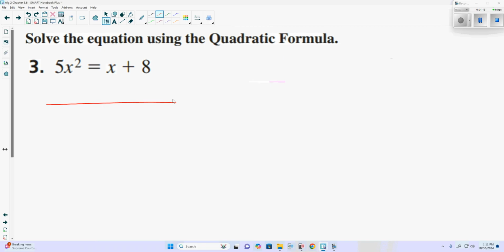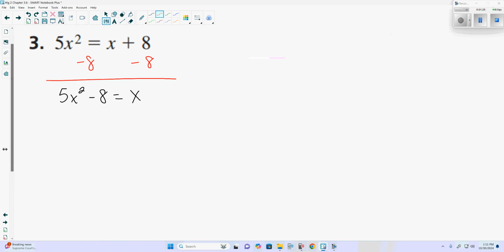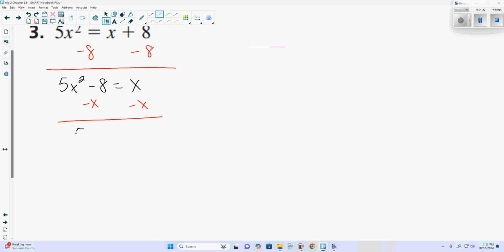We can subtract 8 from both sides. So instead we have 5x squared minus 8 is equal to x. And then we would need to minus x from both sides, telling us that 5x squared minus x minus 8 is equal to 0.